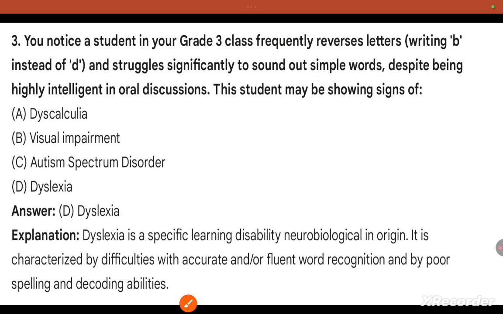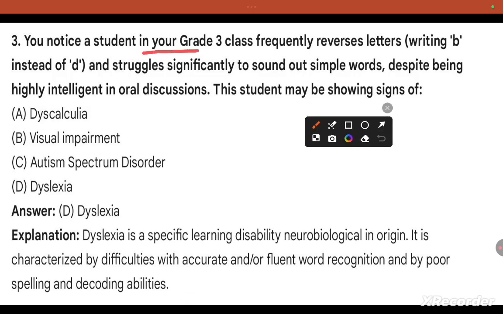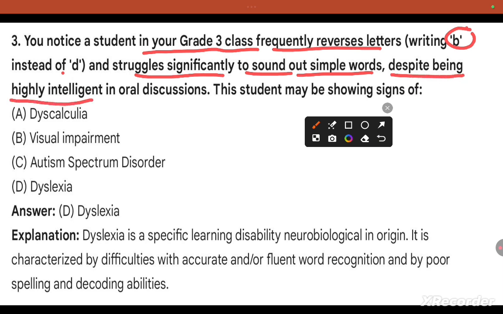Question number 3. You notice a student in your grade 3 class frequently writing reversed letters instead of B and D, and struggling significantly to sound out simple words despite being highly intelligent in oral discussion.